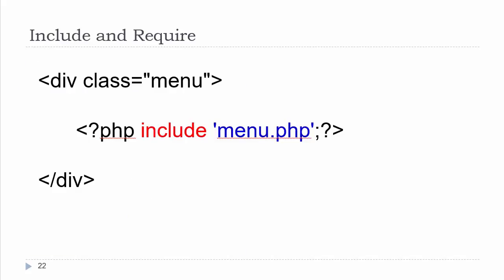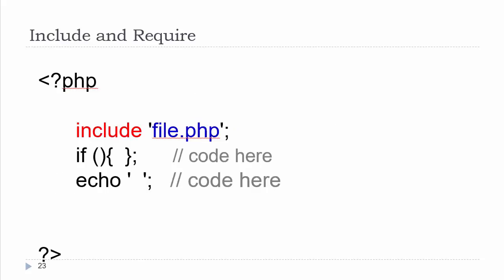So here is one situation where you might see an include inside an HTML element where we might be placing a menu. And here we see PHP, the include statement followed by the file name. If there is a folder path, that needs to be included. Here is another example of where you might see an include in PHP code, possibly at the top of the document, where we have some other code to be executed.